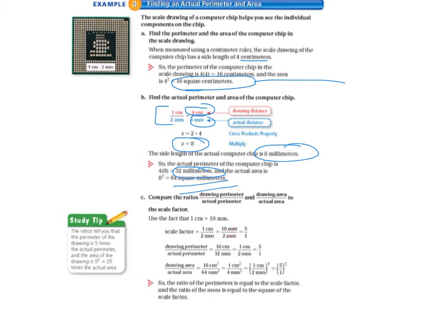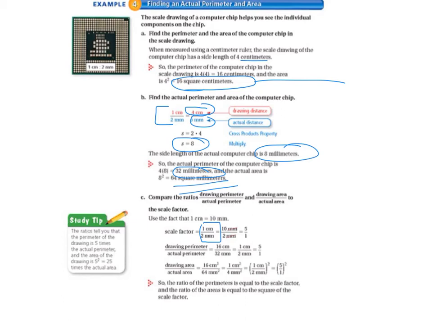Letter C, we're going to compare the ratios, the drawing perimeter over the actual perimeter and the drawing area over the actual area, to the scale factor. So we use the fact that 1 centimeter equals 10 millimeters, and so we get a scale factor by doing 1 centimeter over 2 centimeters is equal to 10 millimeters over 2 millimeters.